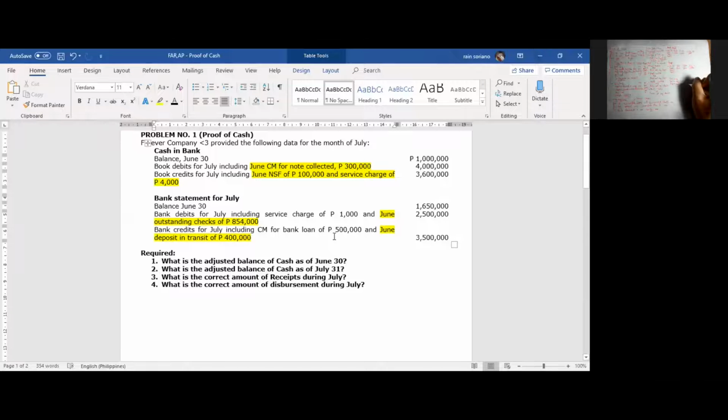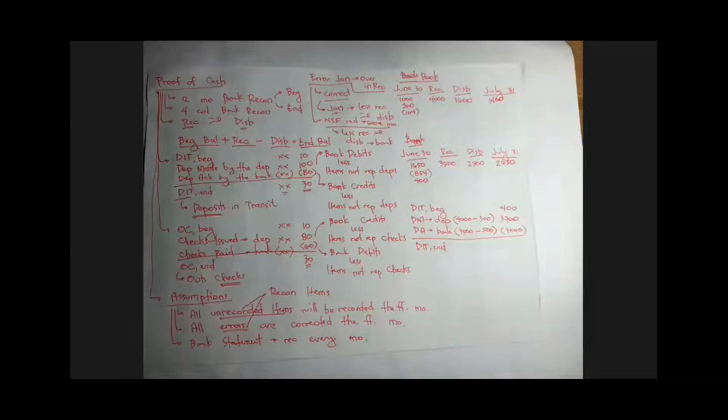So, merong 500 na credit memo na hindi naman deposits. So, minus 500. DIT is still a deposit. So, hindi po natin yun tatanggalin. So, 3.5 minus 500, this will give us 3 million pesos. So, our DIT now at the end of the year kaya na natin makompute. So, for you to see my solution, this is my solution a while ago. DIT beginning 400.